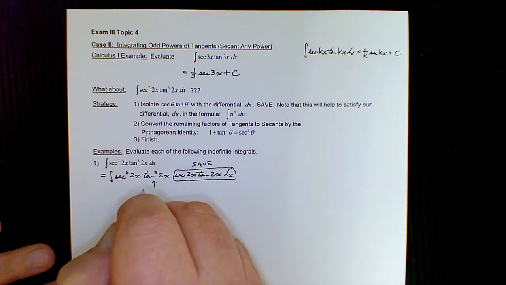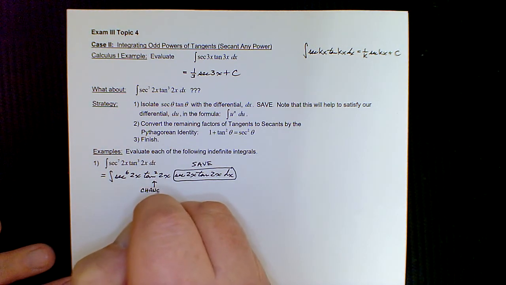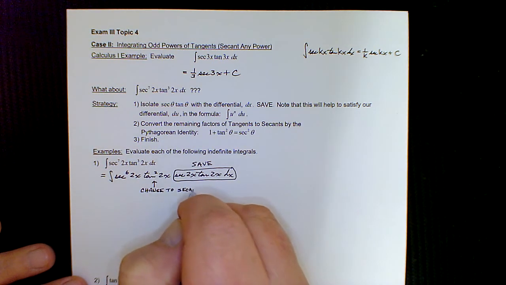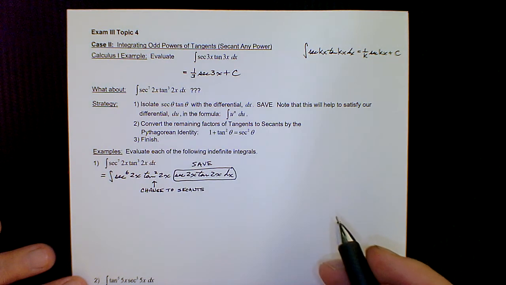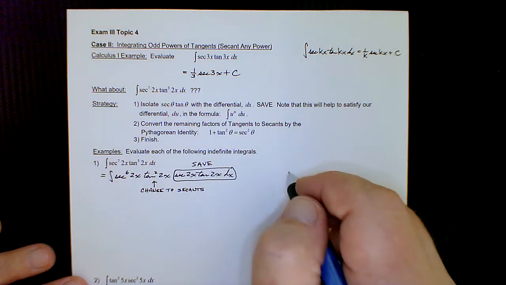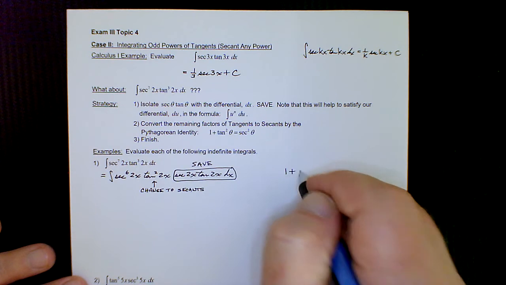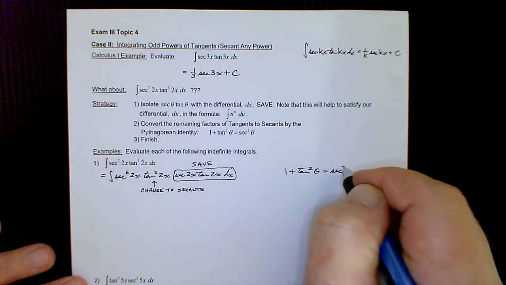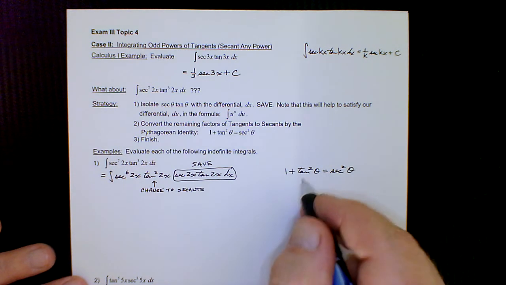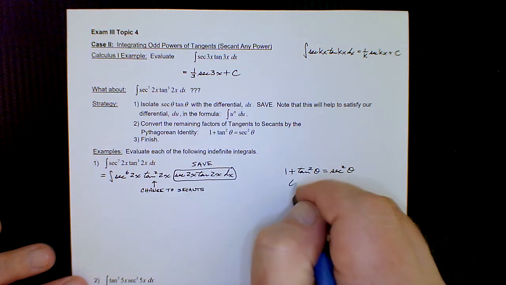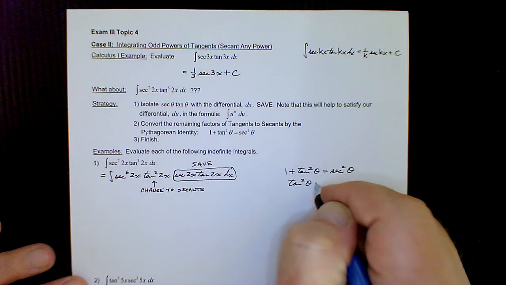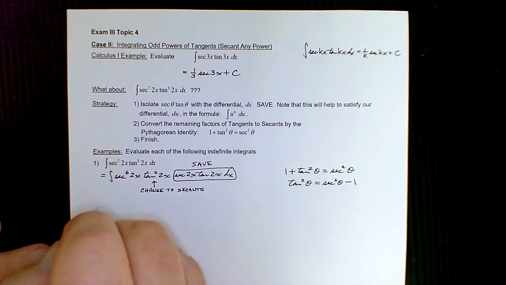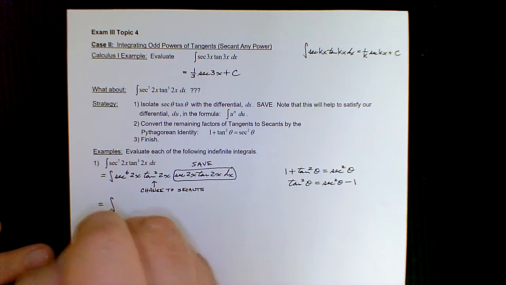So if we could change the remaining factors of tangents to secants, we will be able to start the u substitution process. And we can, because we have the identity that 1 plus tangent squared theta is secant squared theta. And so if our concern is for tangent squared, we isolate that. That becomes secant squared minus 1. So that's our next move.